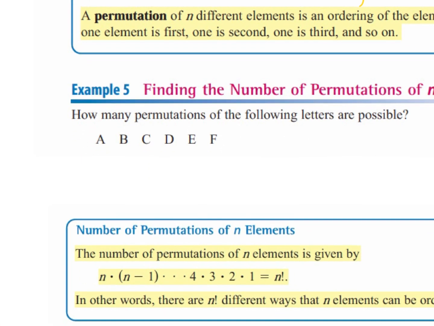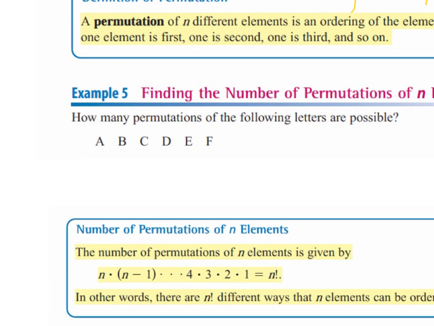So if I look at something like this, it says how many permutations? Okay, so first of all, we know this is a permutation because it says the word permutation. How many permutations of the following letters are possible? How many different ways can you write these letters? How many letters are there? 1, 2, 3, 4, 5, 6, right? All right, how many options could go in the first spot? 6.